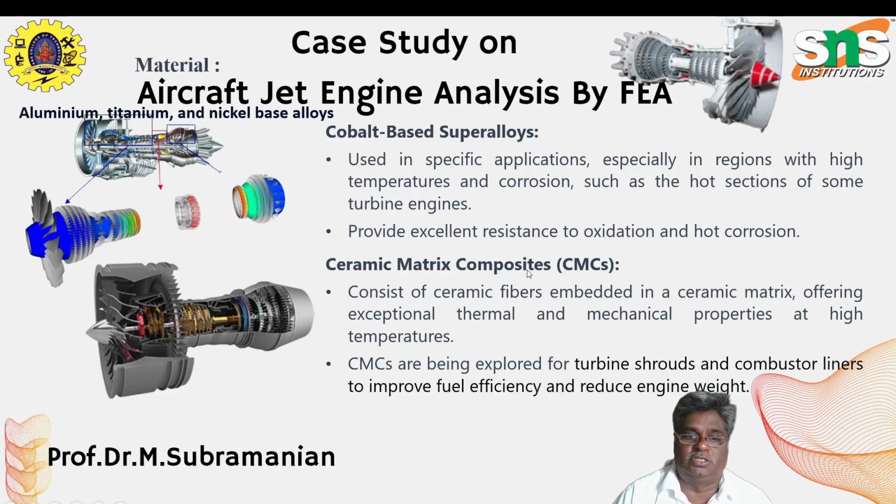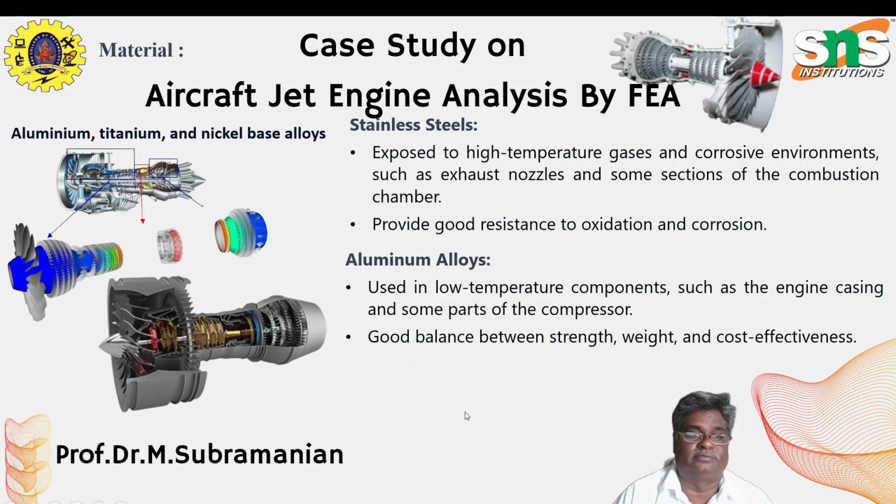Ceramic matrix composite consists of ceramic fibers embedded in a ceramic matrix, offering exceptional thermal and mechanical properties at high temperature. Ceramic matrix composites are being explored for turbine shrouds and combustor liners to improve fuel efficiency and reduce engine weight.